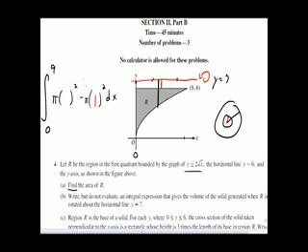Is there anyone who knows how to describe the length of that black line for any given x value? Stevie says 6 minus 2 square root x.